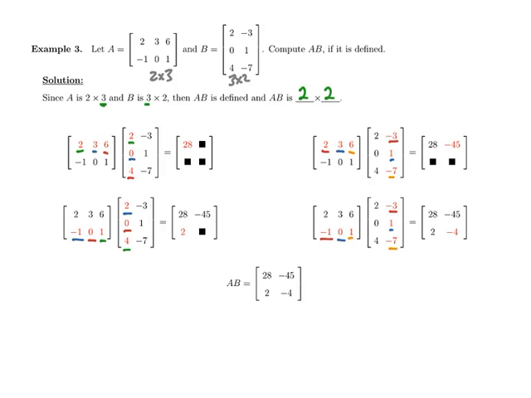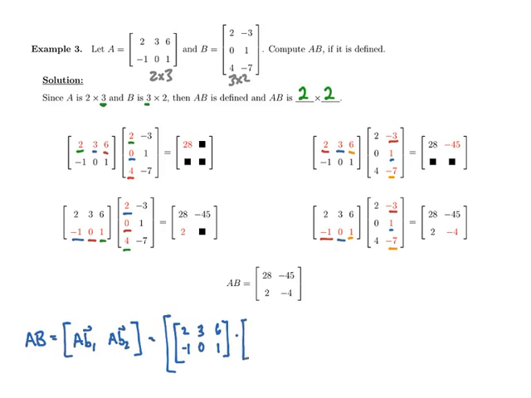So looking at the definition, AB should be AB1, AB2. Looking at that first entry, that's going to be the matrix with columns (2, negative 1), (3, 0), (6, 1) times the first column of B, (2, 0, 4).